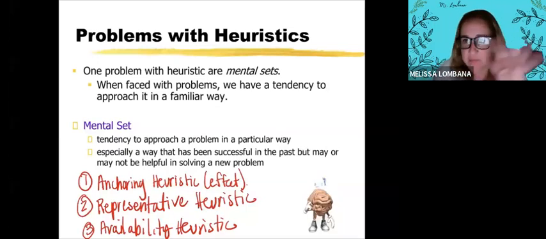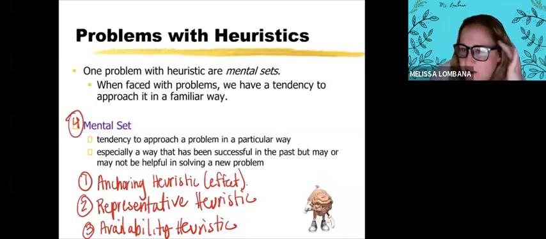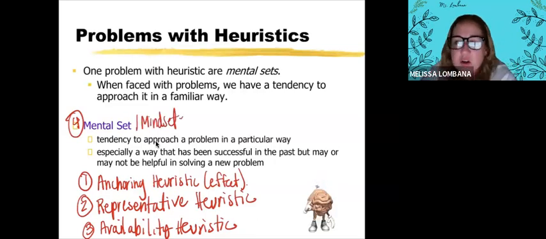Okay, now the fourth thing, right? So now we get into this one that's been lingering here, which is mental set, okay? Or also what's called mindset. And I know you guys have heard of it if you've had Meter, which is awesome because mindset is basically the way that you approach the problems and issues, right?